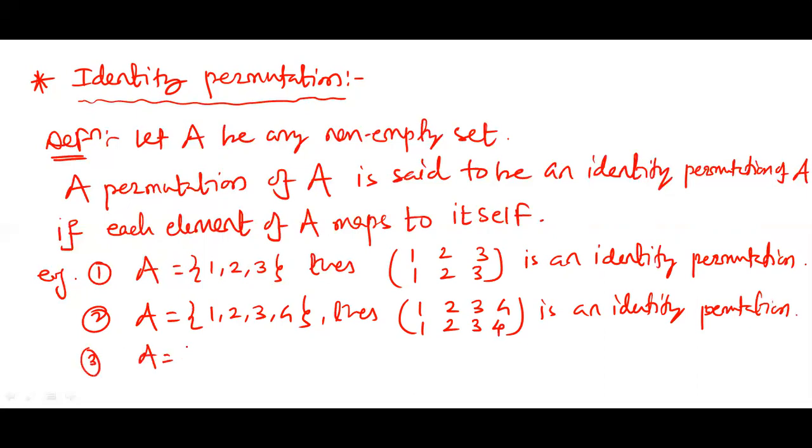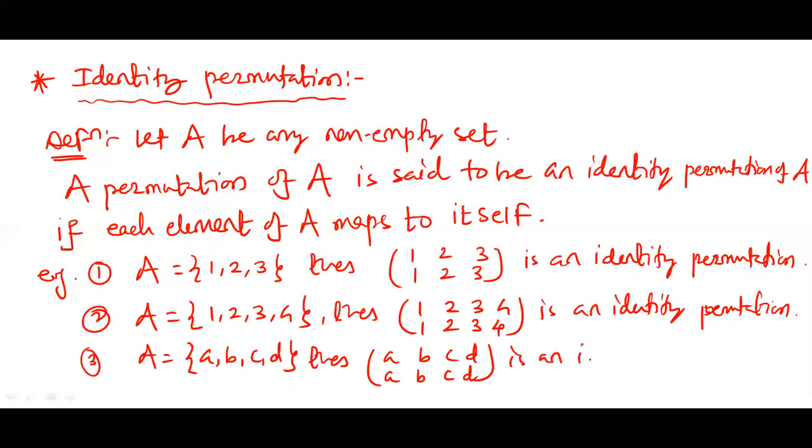Suppose set A is equal to the set A, B, C, D. Then a permutation in which A maps to A, B maps to B, C maps to C, D maps to D is an identity permutation of A.